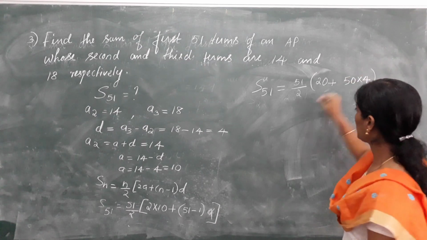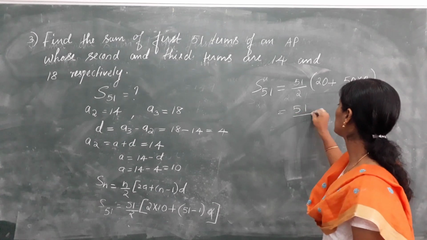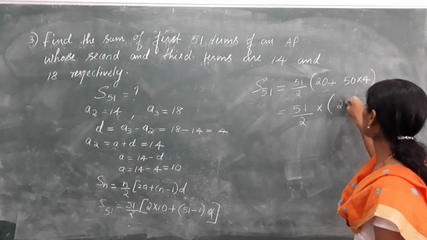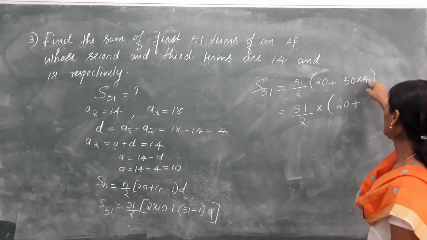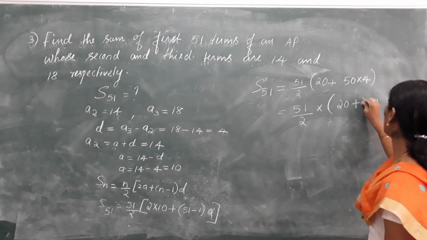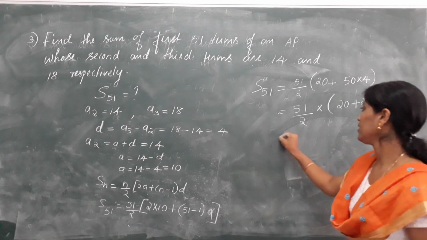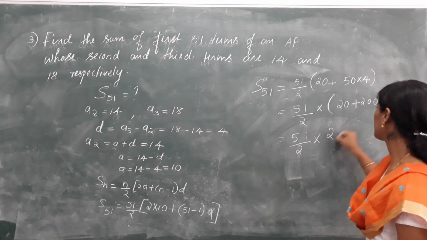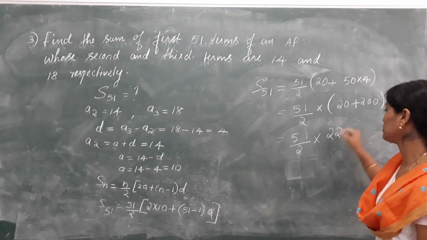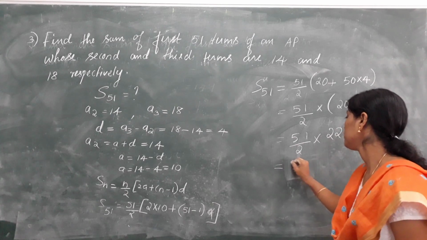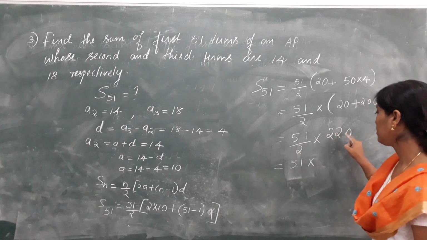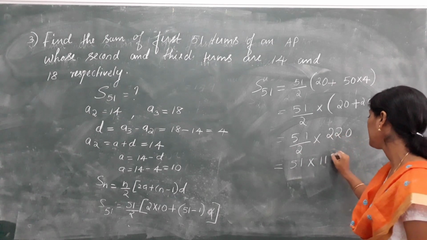Again solving, 51 by 2 into 20 plus 50 into 4, which is 200. And again 51 by 2 into 200 plus 20 is 220. So we will get 51 into, dividing here, 110.